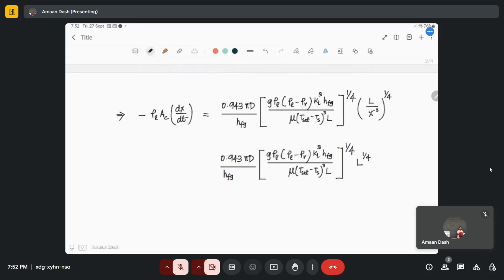And this h_fg term will be there, but alongside h_fg we have other terms, that is rho_L and A_c, right? And this will be equal to x to the power of minus 3 by 4.